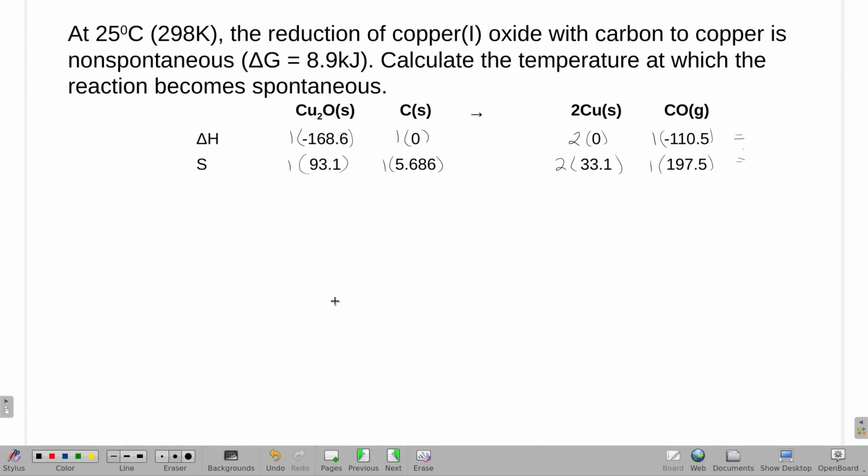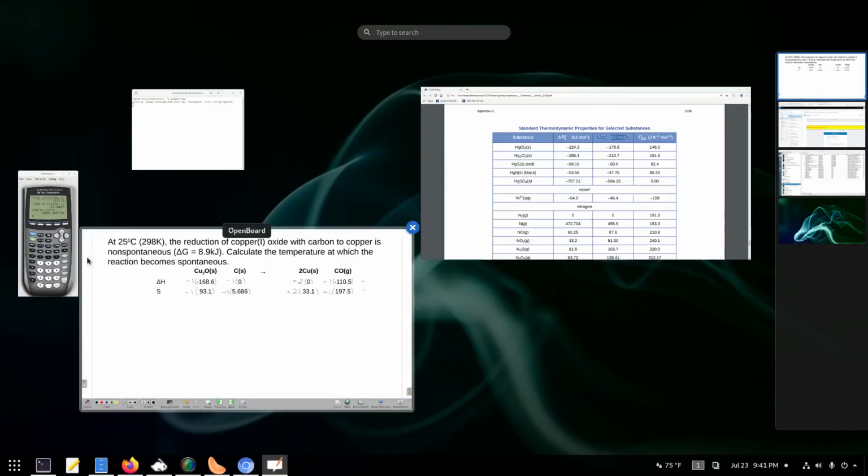But remember how this had to be products minus reactants? And I needed to start over here? Well, I don't necessarily need to. Minus reactants plus the products. Now if I do that, I typically don't make mistakes in my math.